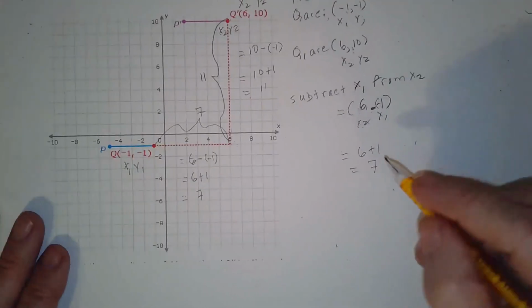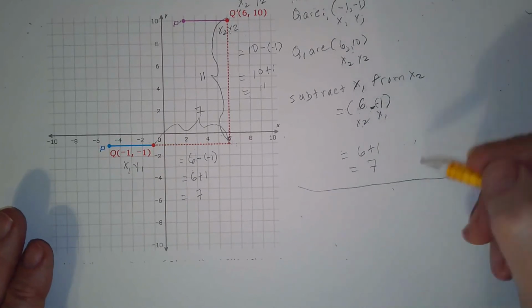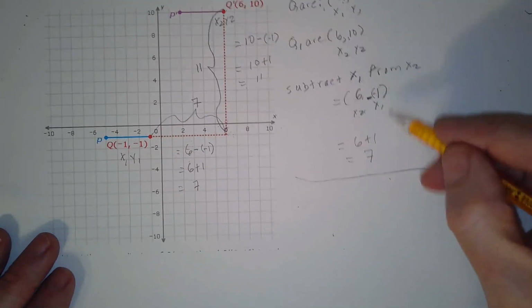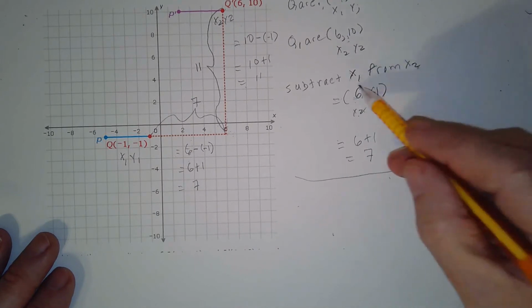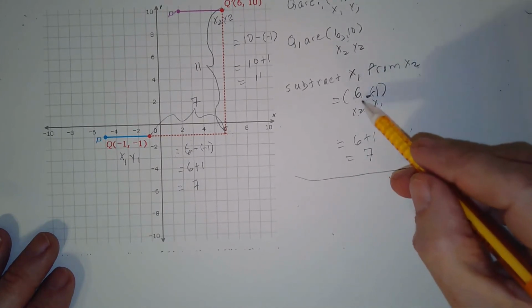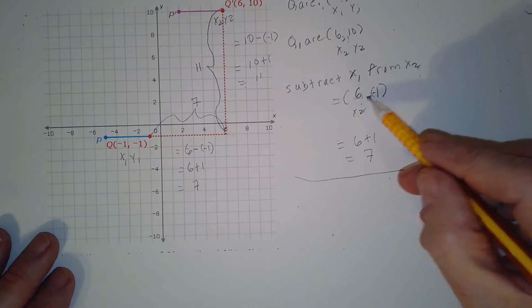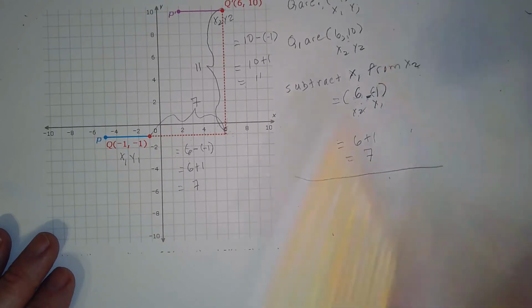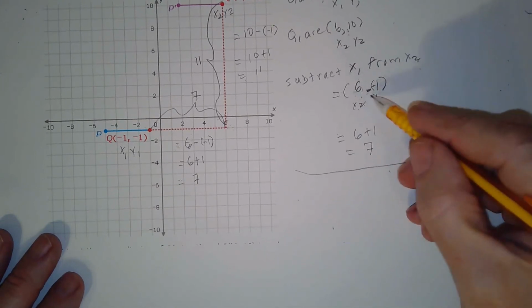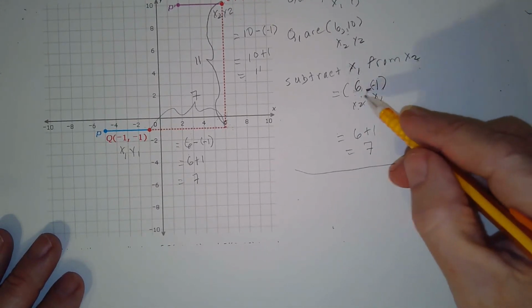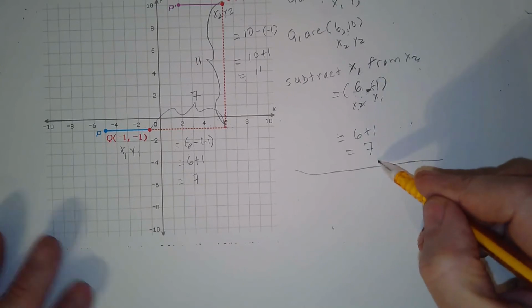Okay? All right. Now you notice it's kind of confusing. You have to think this through. You're subtracting x1 from the x2. So that means you start out with the x2, you have a subtraction sign, and then x1 just happens to be a negative number. So it's -1, and that turns out to be a negative. So you have 6 minus -1 is 6 plus 1, which is 7.